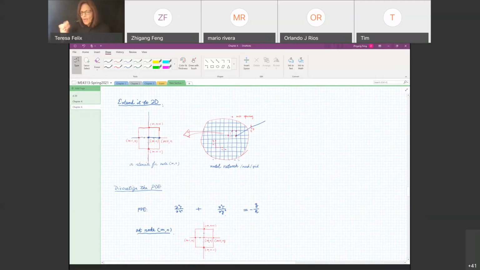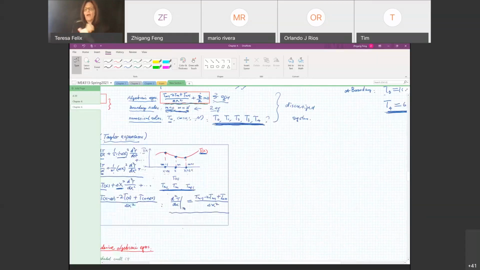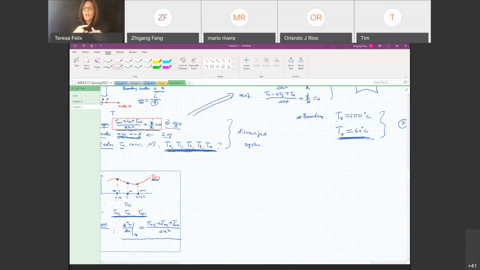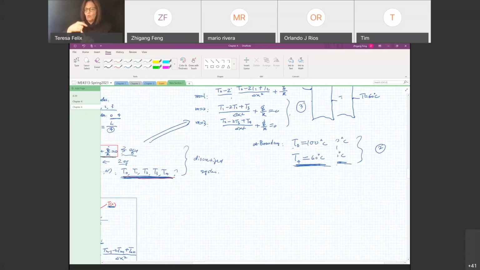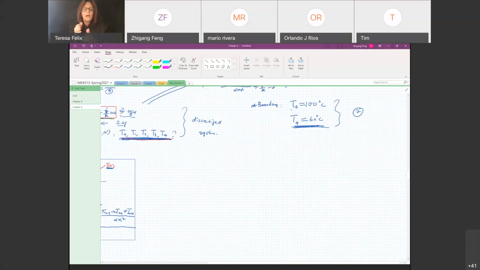In today's outside class quiz, I will ask you to use Excel to solve a set of algebraic equations. Once you have solved these algebraic equations, then you can have the temperature at the node points. And let me give you some idea about solving the algebraic equations.